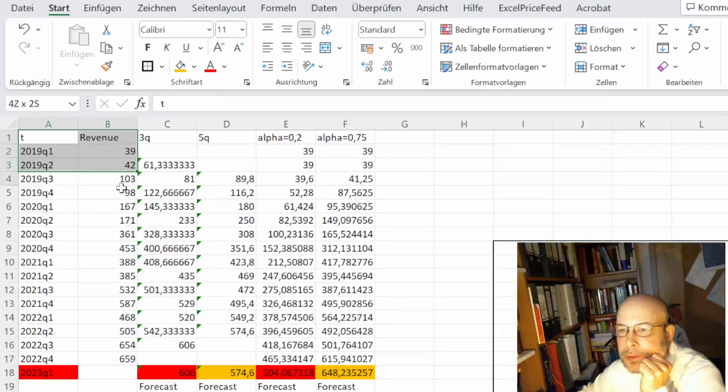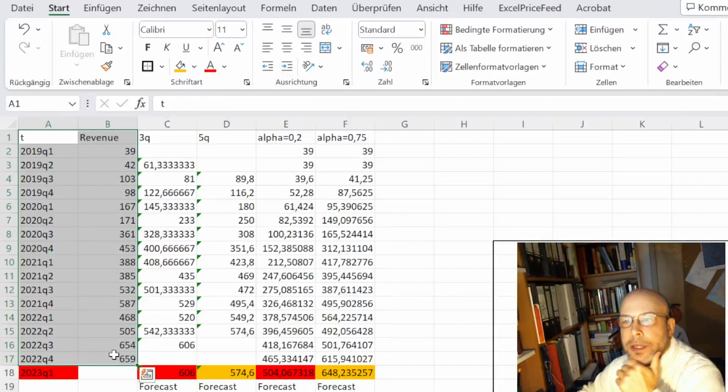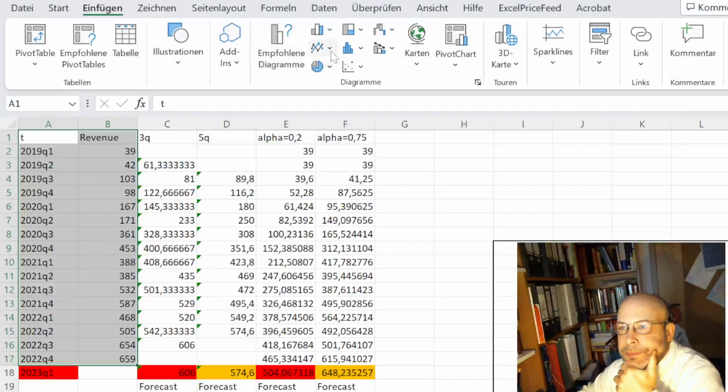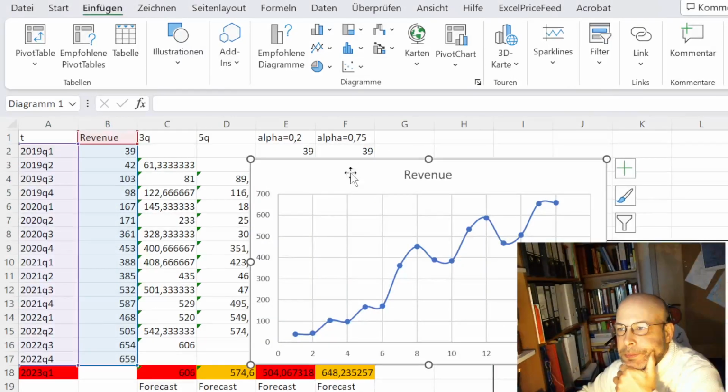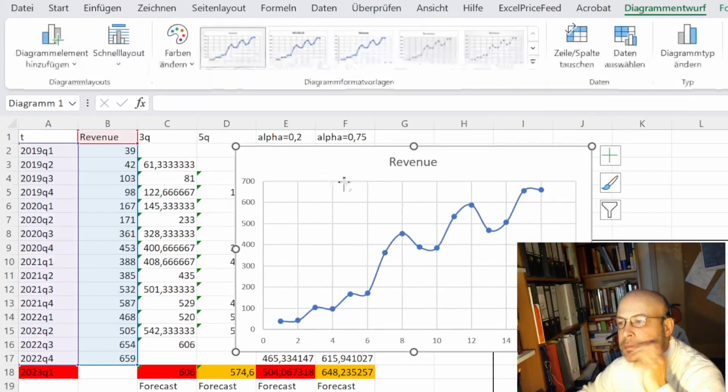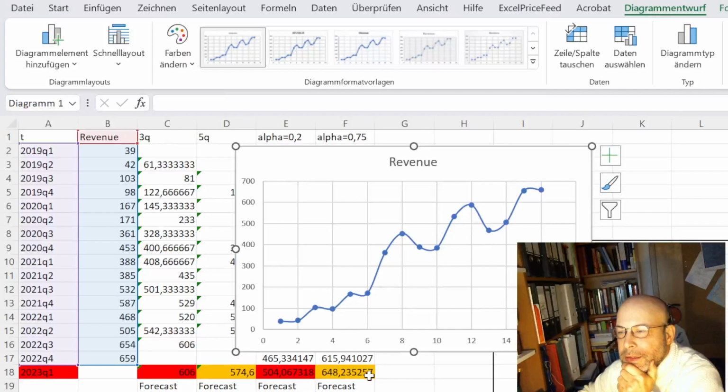So actually, what is always a good idea is to look at the data, and if you keep in mind this diagram, why would we expect then, if we choose a high alpha, also a higher number for our forecast?